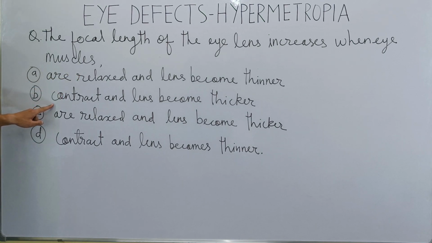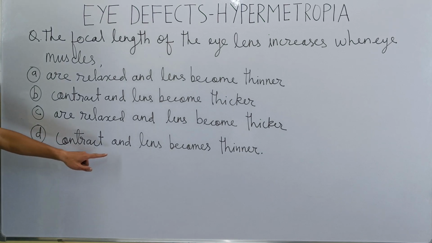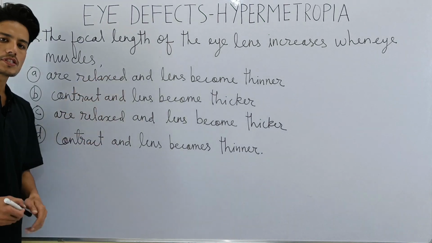B, contract and lens become thicker. C, relax and lens become thicker. D, contract and lens become thinner. So class, this is the question. The focal length of the eye lens increases when eye muscles, the options are A, relax and lens become thinner; B, contract and lens become thicker; C, relax and lens become thicker; and D, contract and lens become thinner. So which is the correct answer?